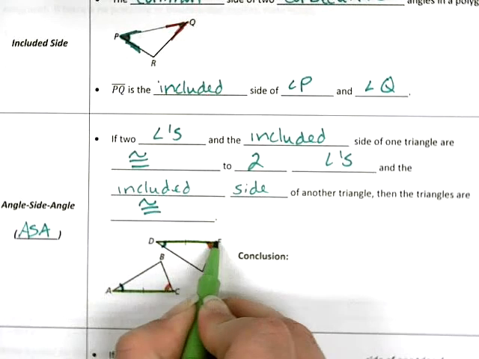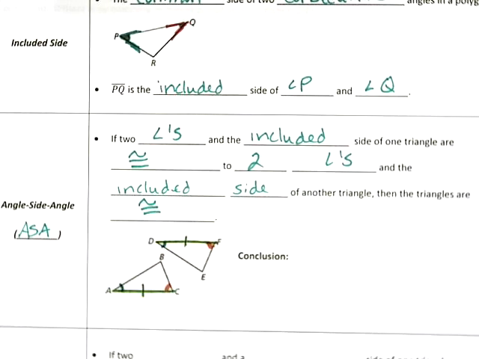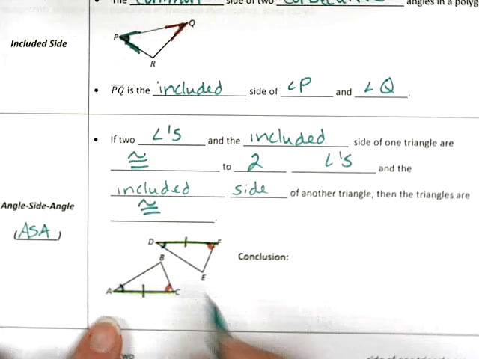DF is the shared side between those two angles. And they both have a tick mark to show that they are congruent. Okay, so you know how we did all that practice with the markings and stuff? That's why we did that, because we need to be able to pull what these marks mean, right? So we can get then that we've got angle side angle.